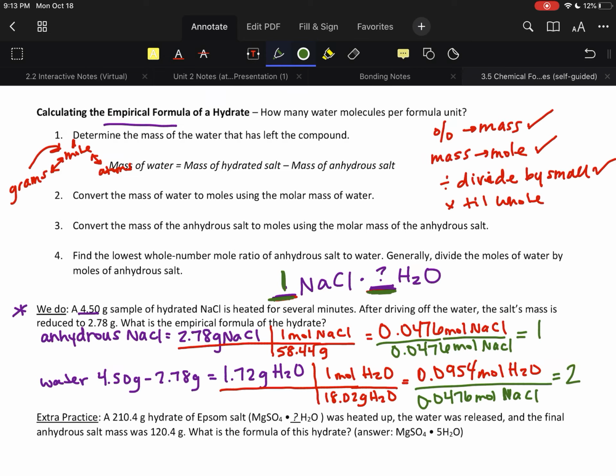So we know that NaCl, we wanted it to be 1, which it is. And now the number that goes in front of my water is a 2. If I wanted to name this, it would be sodium chloride, because I just named the ionic compound, and then I use a prefix, dihydrate.